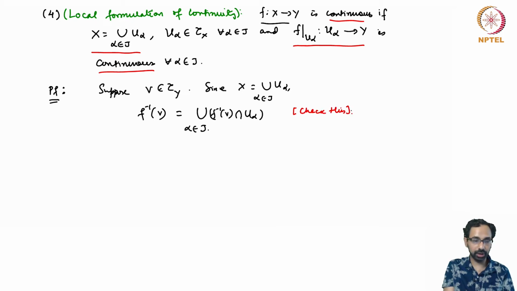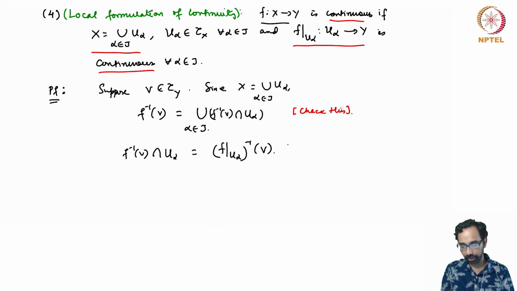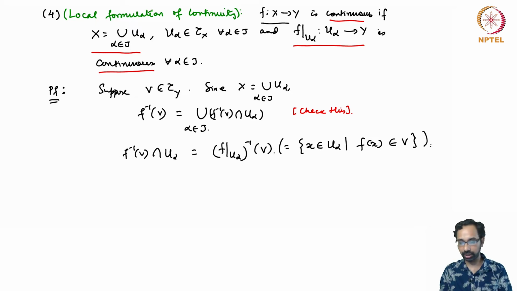Not very difficult. But now notice that f inverse V intersection U alpha is nothing but (f restricted to U alpha) inverse of V, because both of these sets are nothing but the set of points in U alpha such that f of x belongs to V. Okay, both of these are the same set.